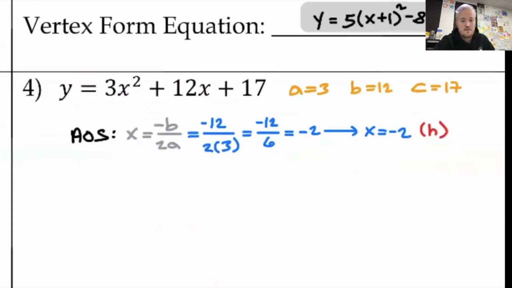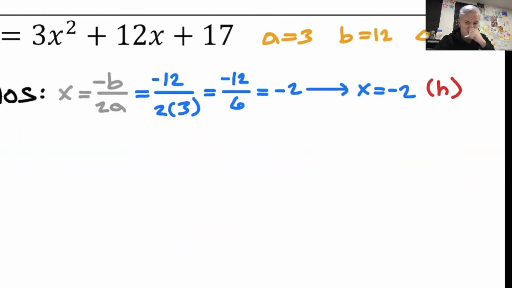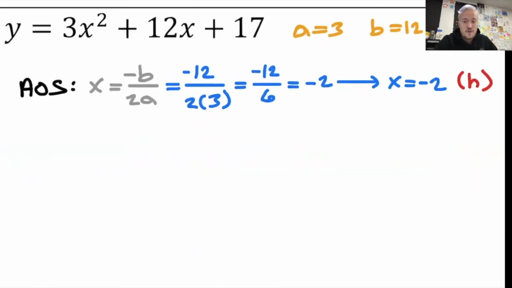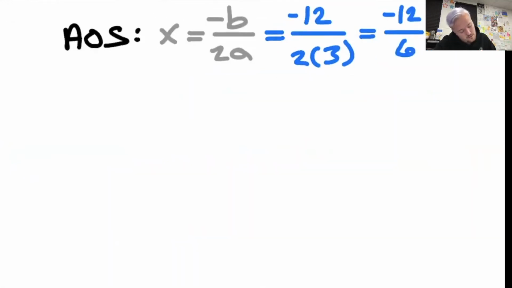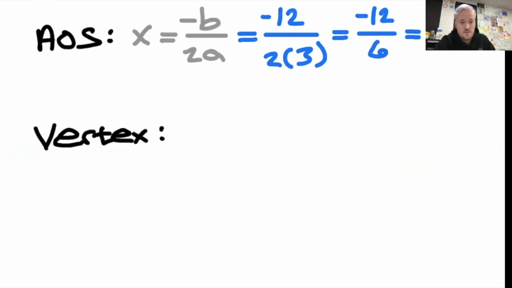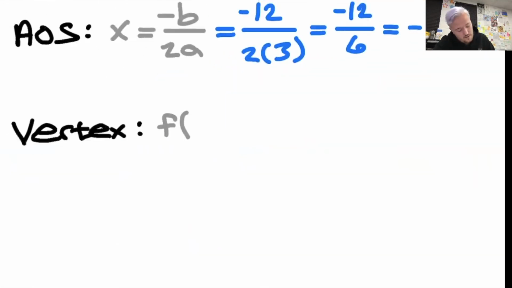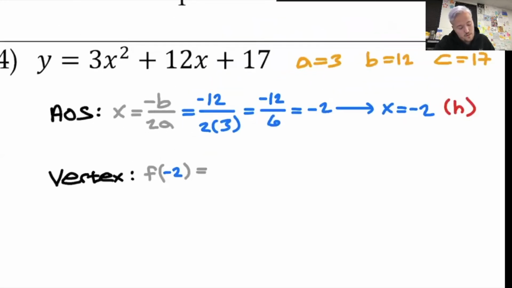Okay. Anyways, back over here. Now we got to find the vertex. All right, so I'm going to do f of negative 2. Let's go to my original equation up here.